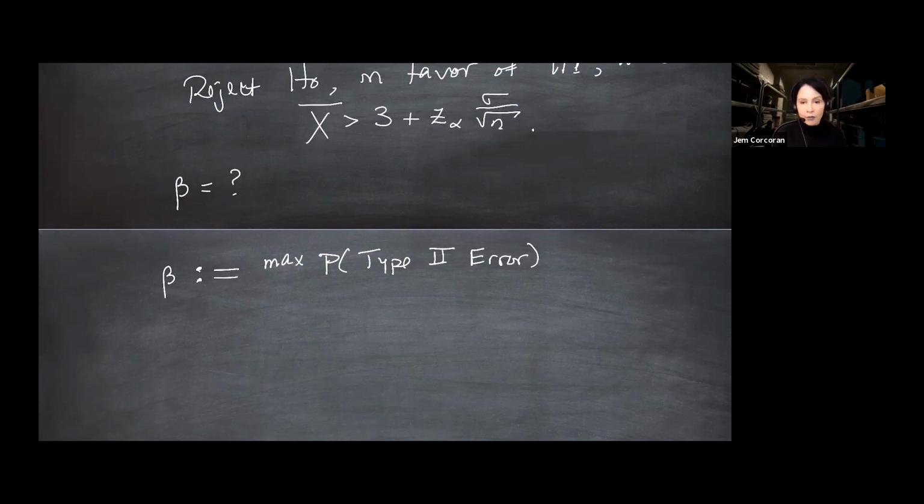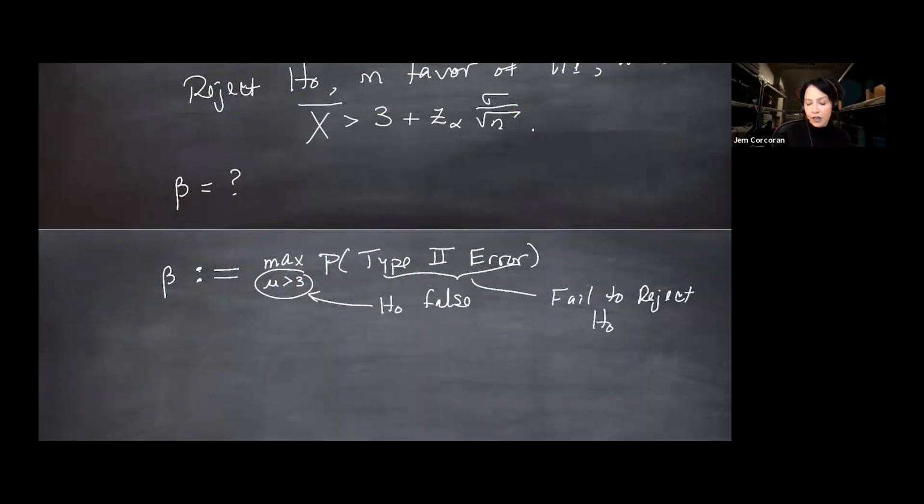So this maximum is going to be taken over every place where the null hypothesis is false, in this example, mu greater than 3. So this is the same thing as saying the null hypothesis is false. And the type 2 error is you fail to reject the null hypothesis when it's false, and we're kind of maxing over all these different places where it can be false.